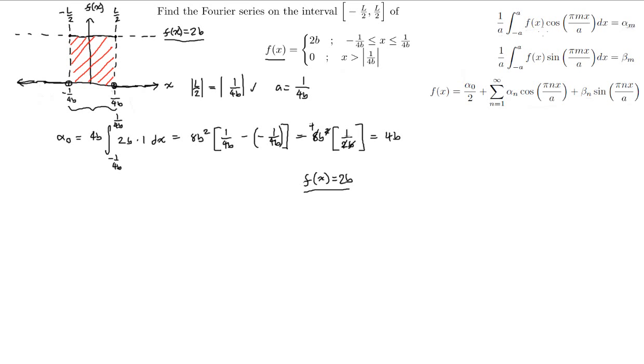And basically what I mean is that these other two integrals, for alpha sub m and beta sub m, are going to be 0. And now, why is that? Well, think about it.